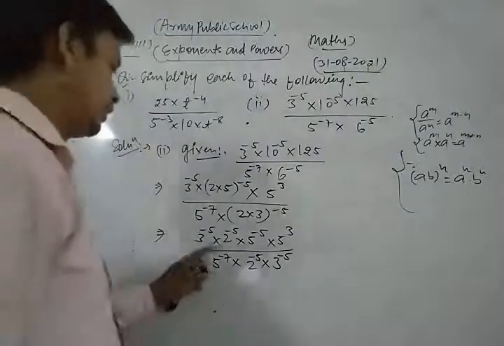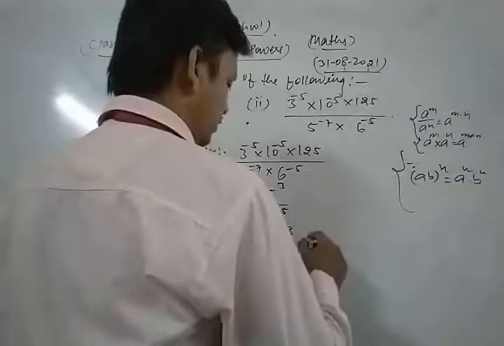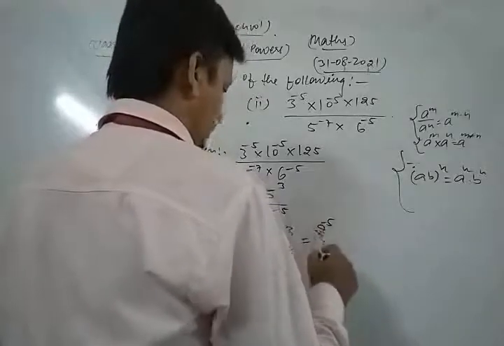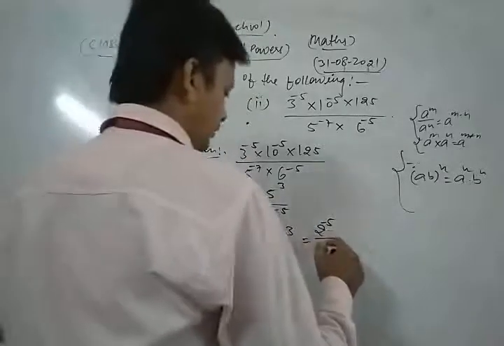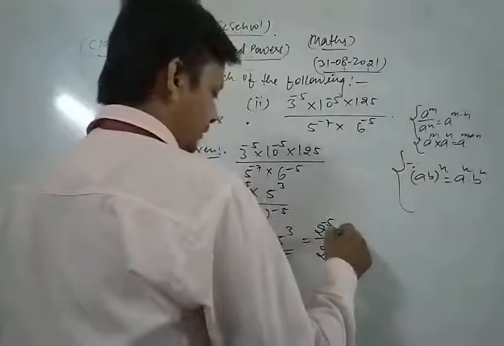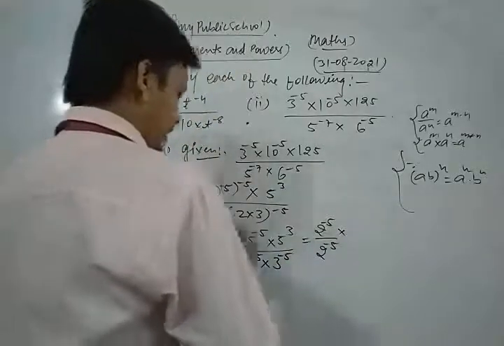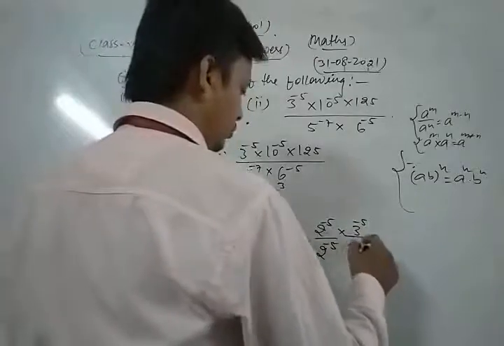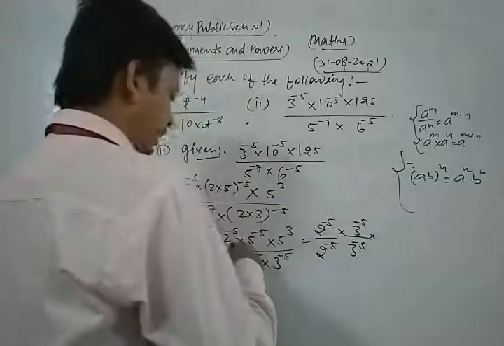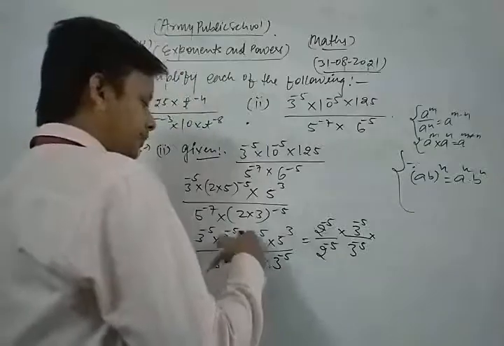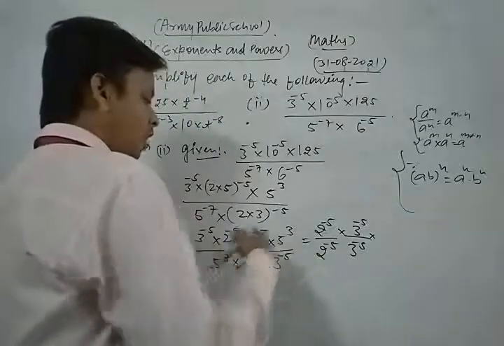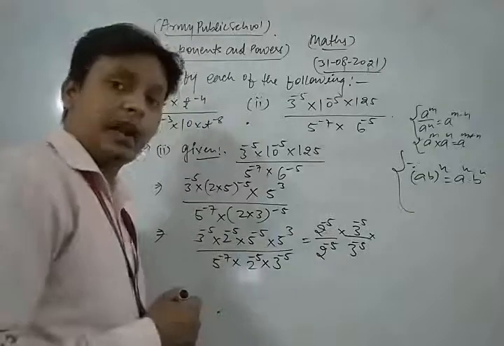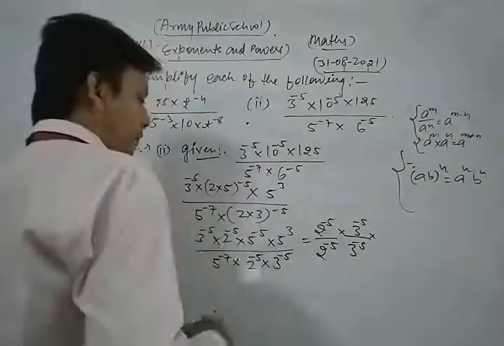So look, we have here 2 power minus 5 write as it is, and in the denominator 2 power minus 5. We take now 3 power minus 5 upon 3 power minus 5, and in the numerator also 5 to the power minus 5 plus 3.